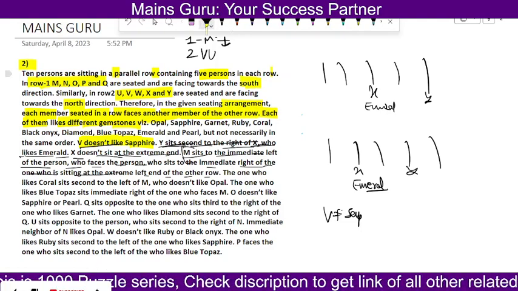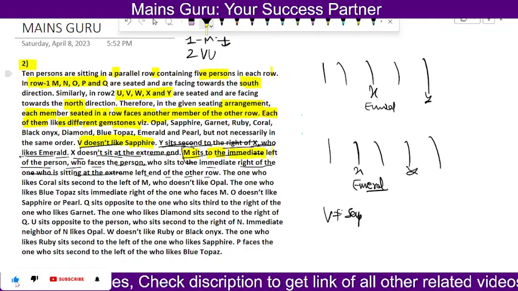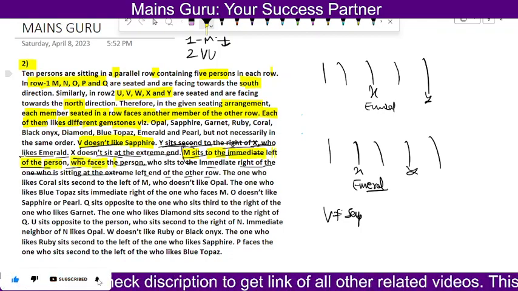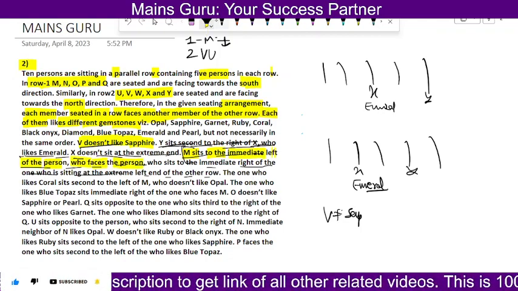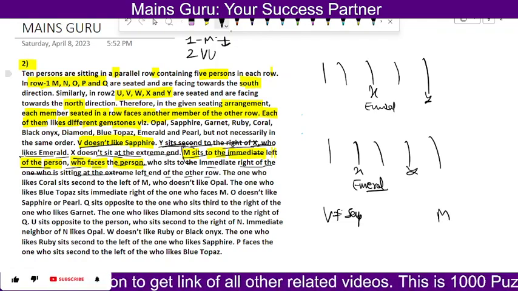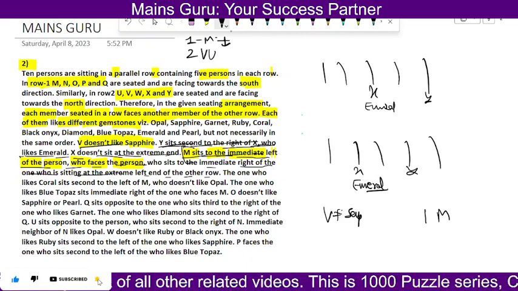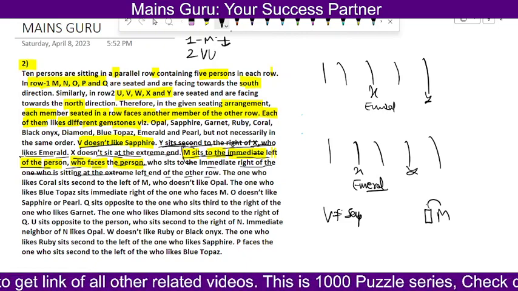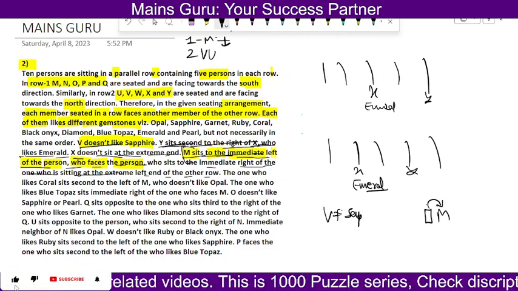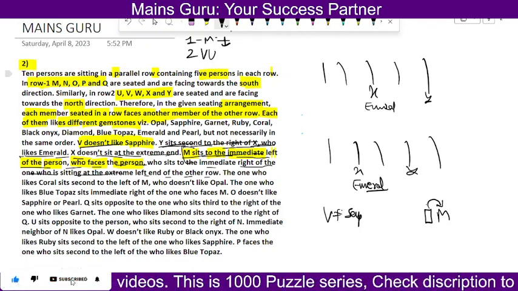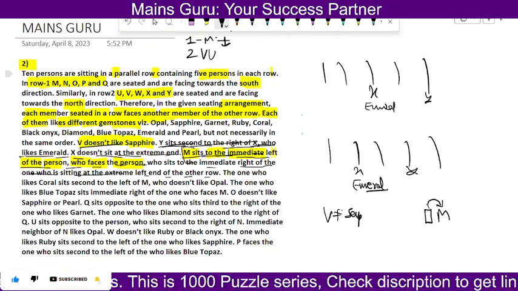Okay, very carefully. See, M sits immediate left of the one who faces the person. Where is M sitting? M is sitting to the immediate left. How will the immediate left be? If this is the person, M will be immediate left, because these are facing south now. According to that we will make the rough diagram.